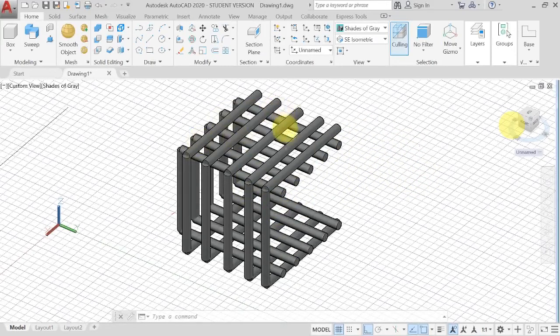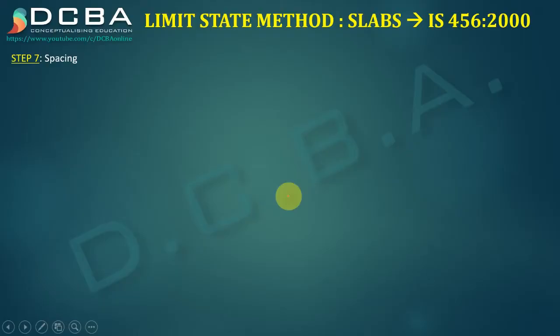So this is going to form a mesh, right? This is the top mesh and this is the bottom mesh. Fine. So this is how we give the torsional reinforcement in the slab.